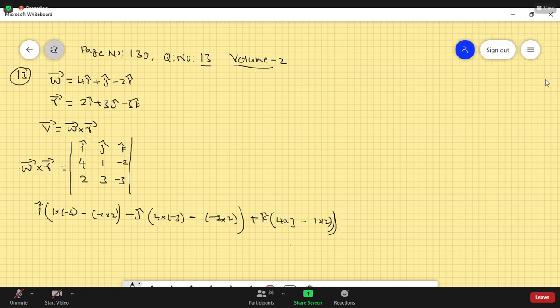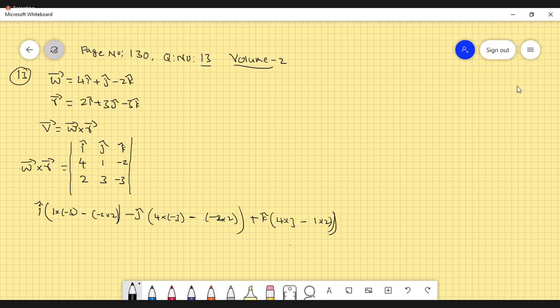Simplify this. Minus 3 minus 2 into minus 4, minus j into minus 12 minus 4, plus k into 12 minus 2.